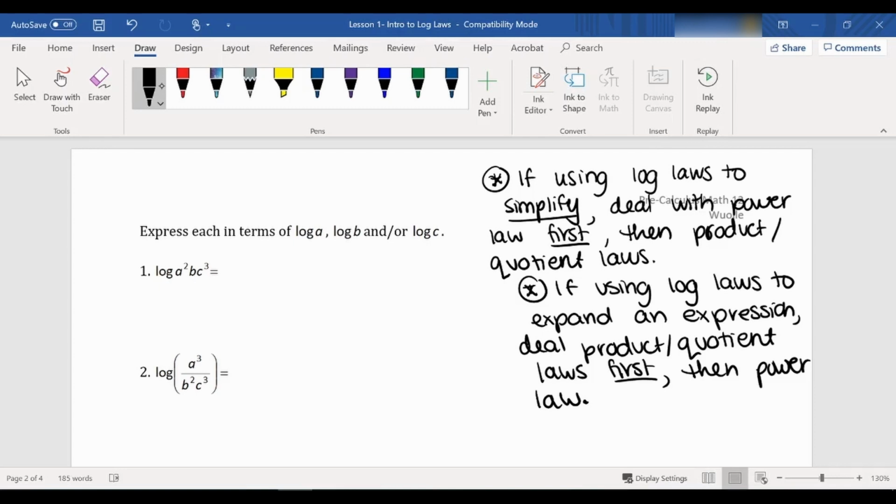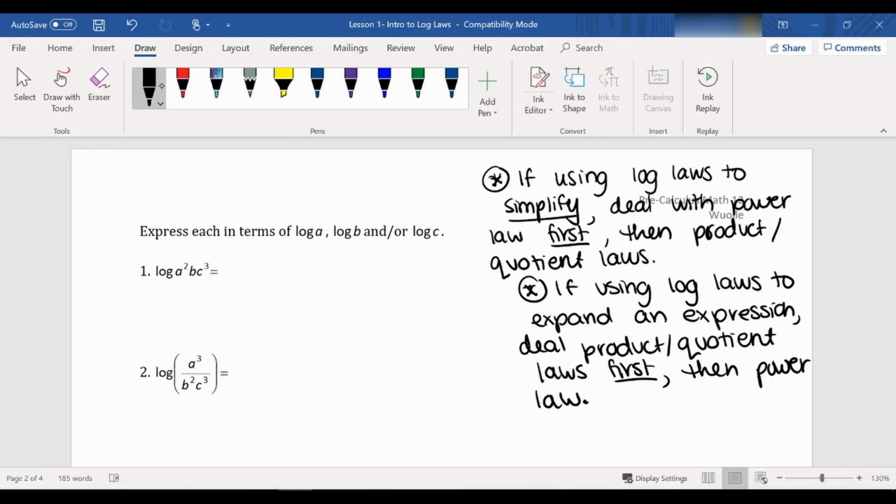Okay. So for this one, we wouldn't, for example, bring the 2 down in front of the log first from that a squared. And that's because the 2 is only on the a. It's not applying to anything else inside the log. So we can't bring those exponents down before we start because they're only applying to certain pieces of the inside bits.